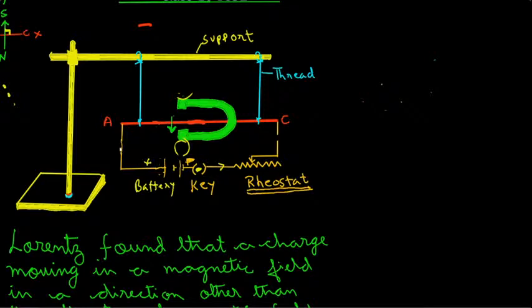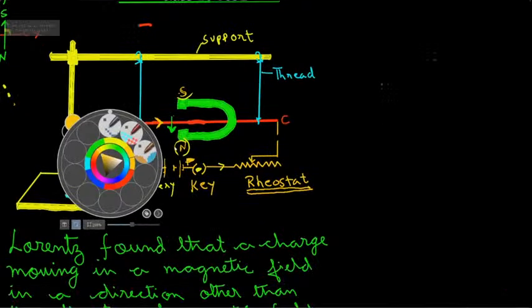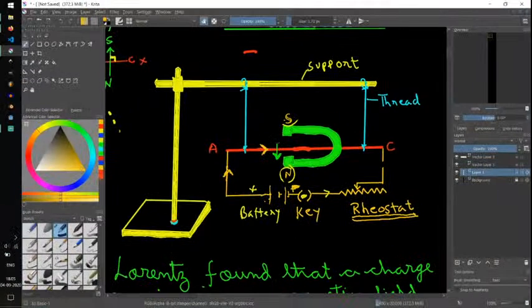Okay, which means now my current is climbing up like this, which means my current is going from A to C. This is north, this is south. Okay, which means that my magnetic field is from top to bottom.